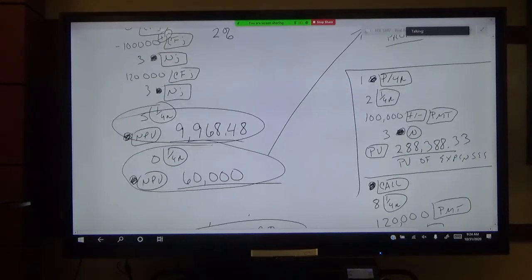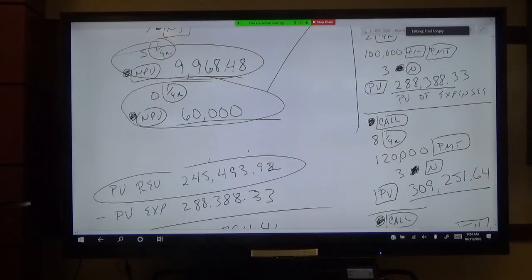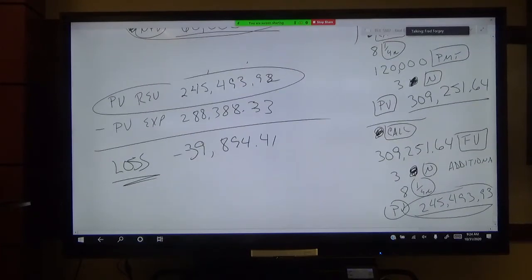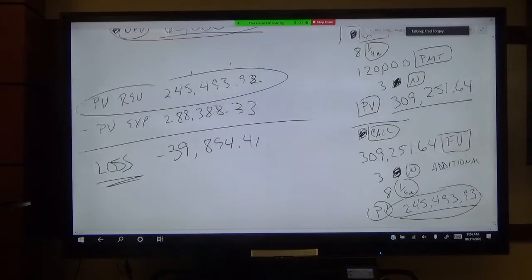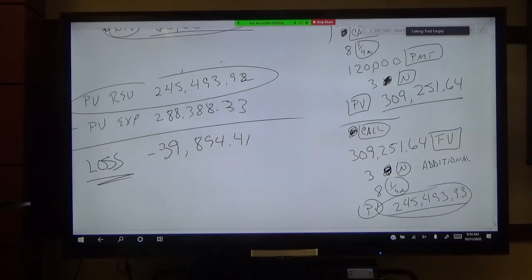Now, the reason this is a little bit tricky is because the step that most people forget to do is the last step to adjust.